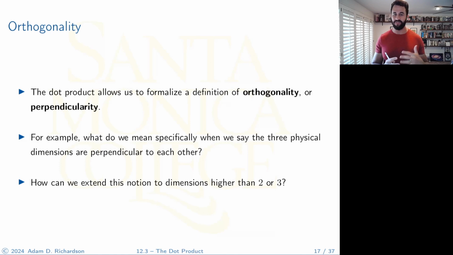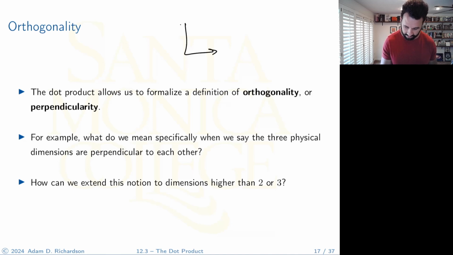Okay, so this is one of the beauties of the dot product: it allows us to define and formalize a notion of orthogonality, or in other words, perpendicularity. So how do you really define what it means for two things to be perpendicular? And how do you generalize that to 3 dimensions or 4 dimensions or 5 dimensions or 6 dimensions, right? It's not so hard when you're working in 2 dimensions. Okay, those are perpendicular, easy, right? Kind of sends you back to grade school.